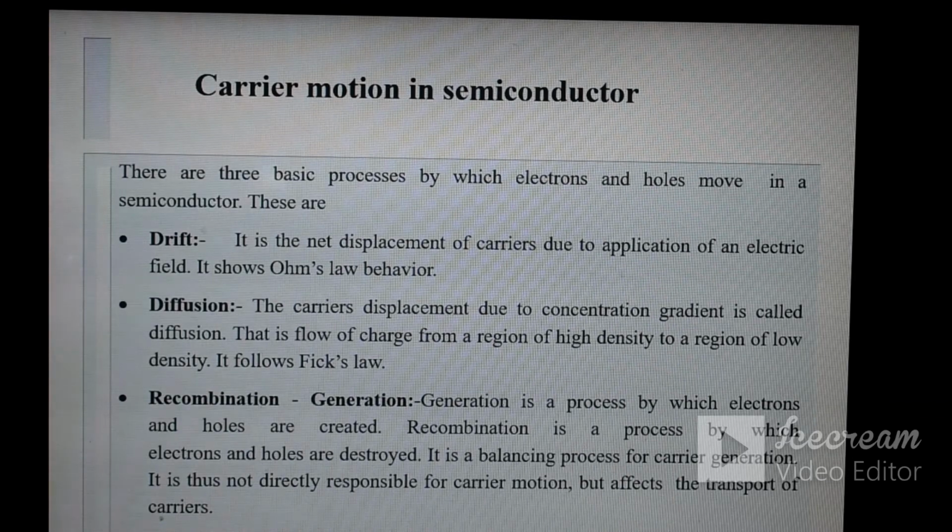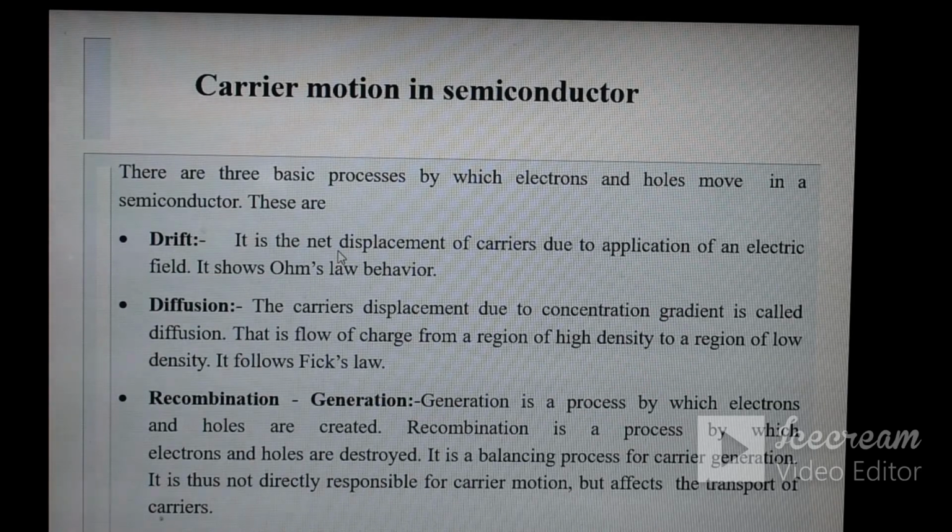It is the net displacement of carriers due to application of an electric field. That is, when an electric field is applied across the semiconductor crystal, the current that you will get due to the developed electric field is called drift current.